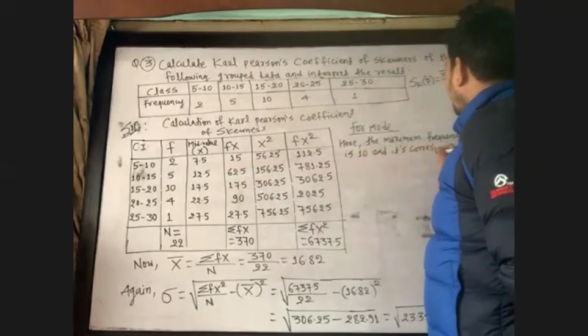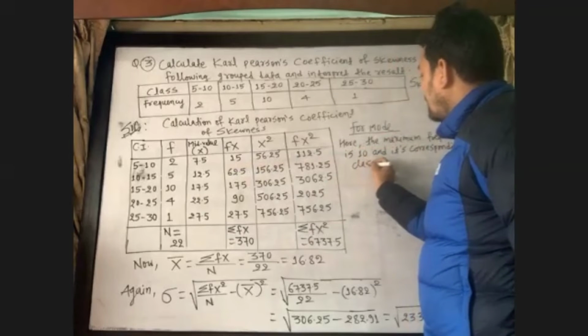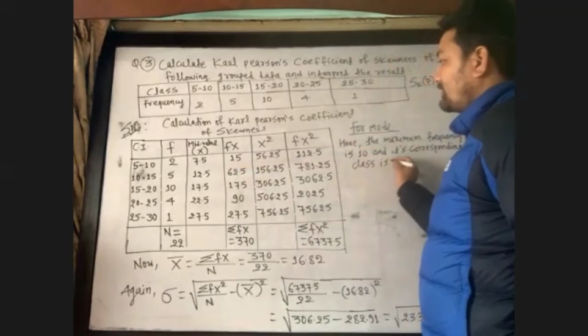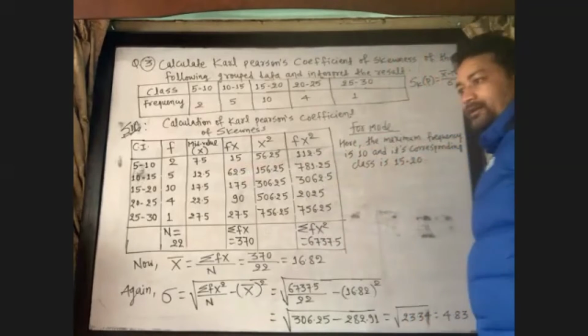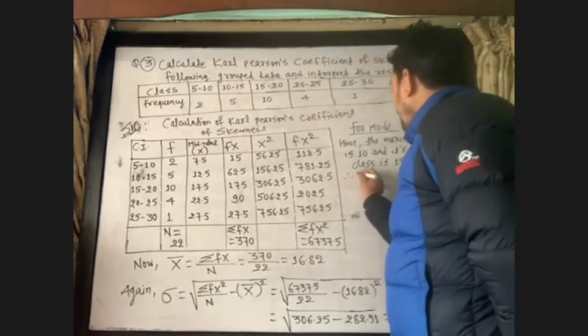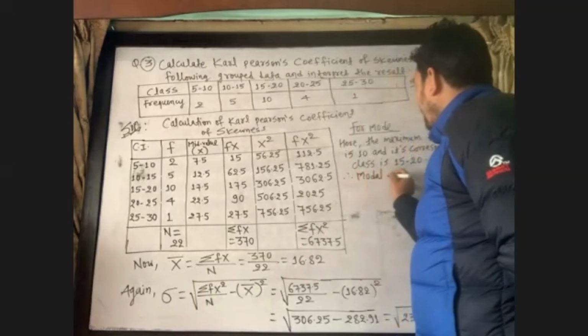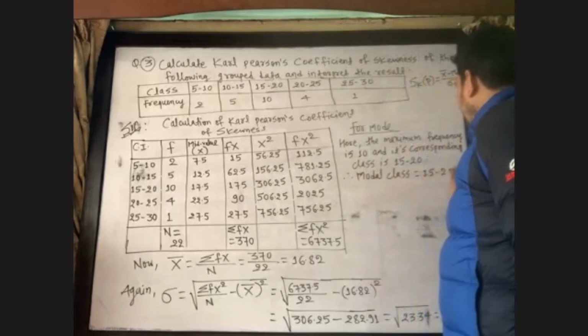And its corresponding class is 15 to 20. Okay. Here the maximum frequency is 10 and its corresponding class is 15 to 20. Therefore, model class equals to 15 to 20.